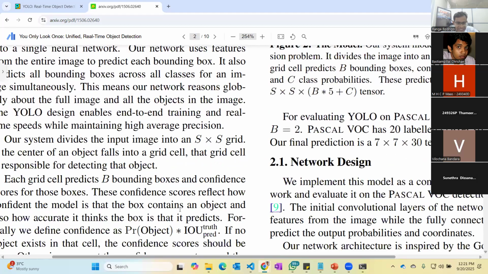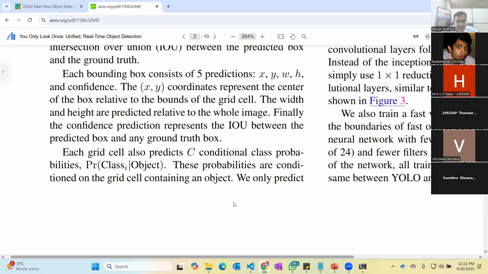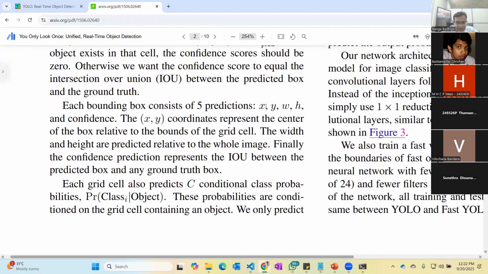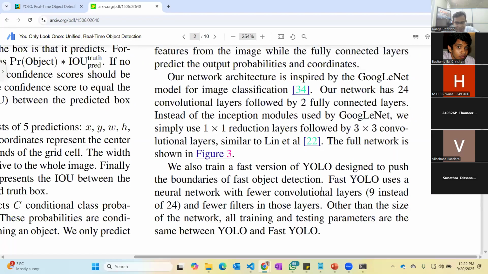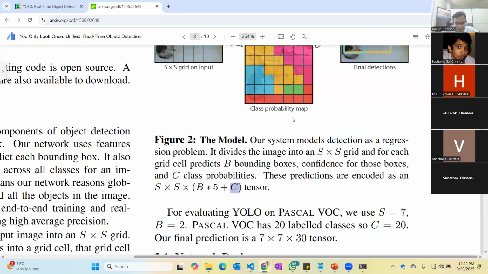Those five numbers are the center X, Y, the width and height, and the confidence. Okay, so five numbers. And C, what is the C? The class probability.